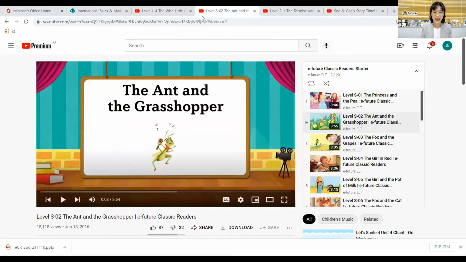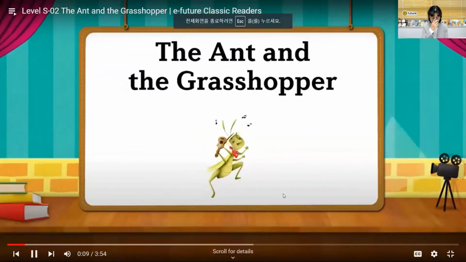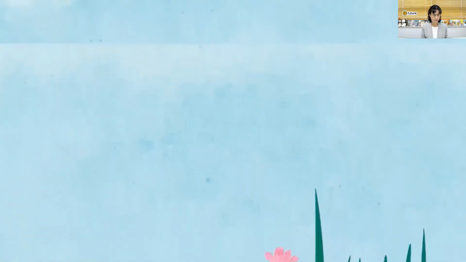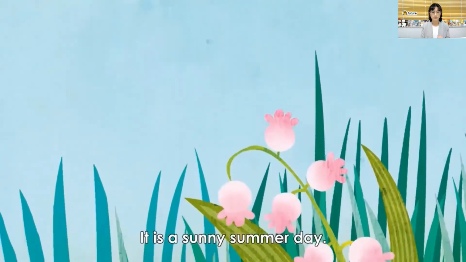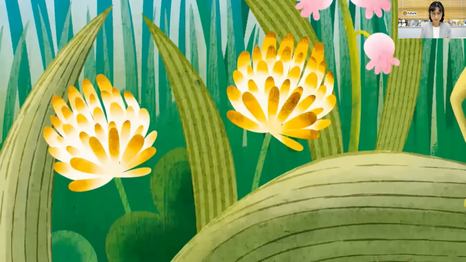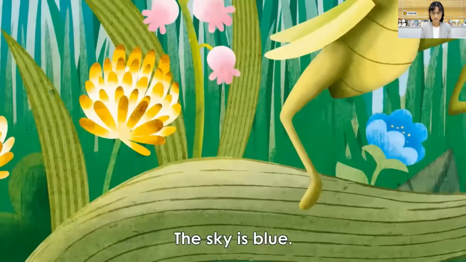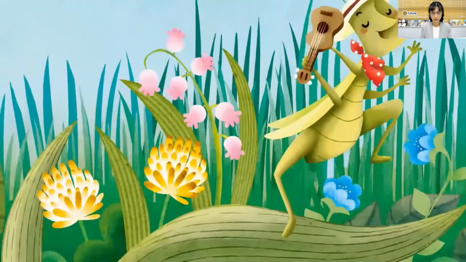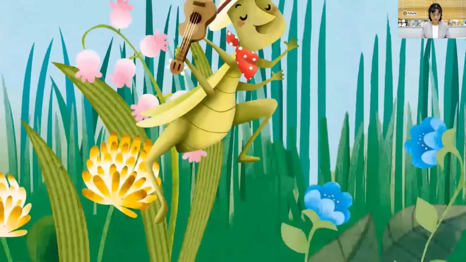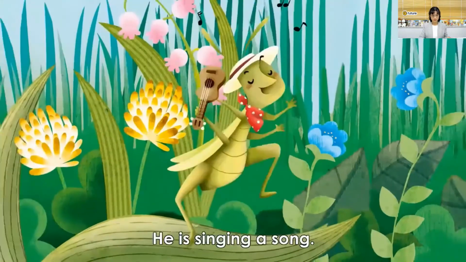The ant and the grasshopper. It is a sunny summer day. The grass is green. The sky is blue. Grasshopper is jumping up and down. He is singing a song.